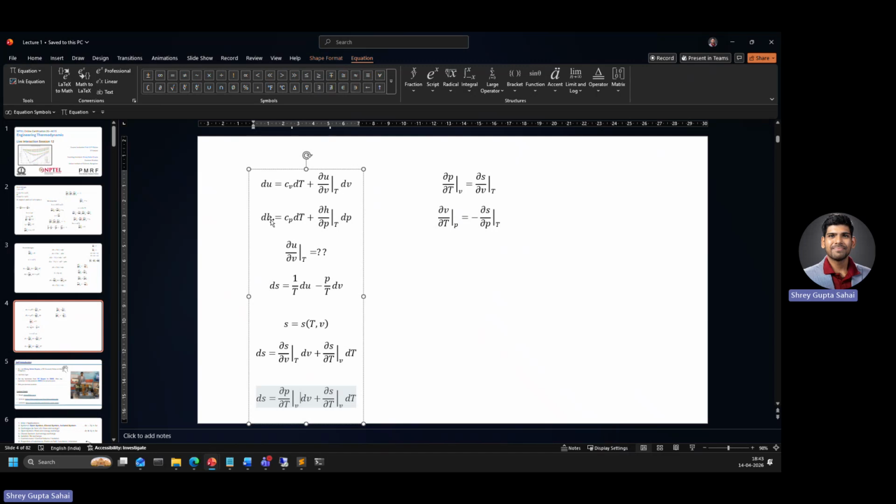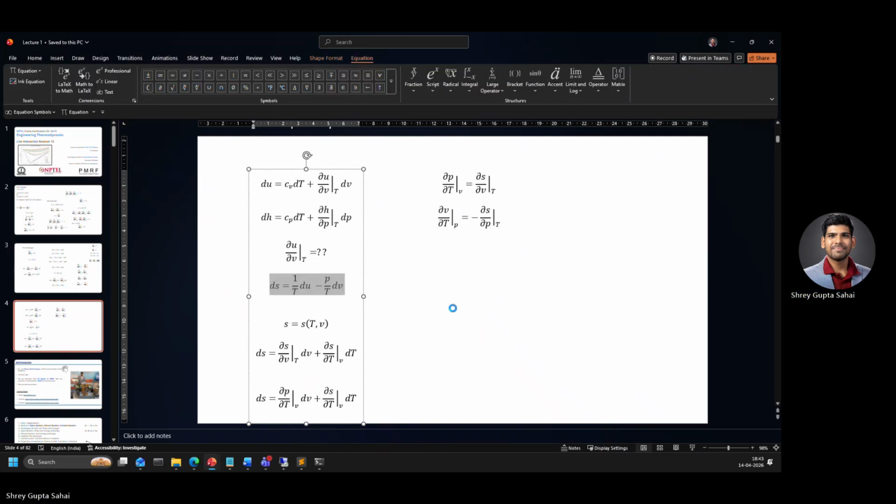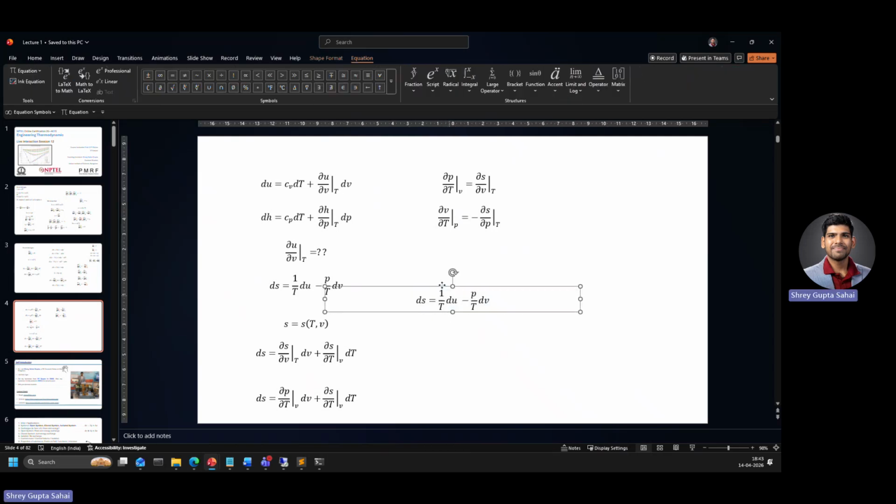Okay. So now the trick is to substitute this in this expression. That is the great trick.